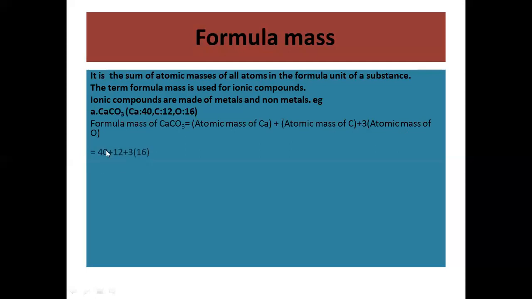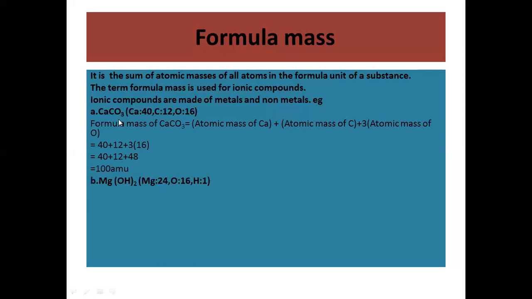By putting the values: 40 plus 12 plus 3 into 16. 16 into 3 is 48. By adding all these values, 100 AMU, 100 atomic mass unit is the formula mass of calcium carbonate.